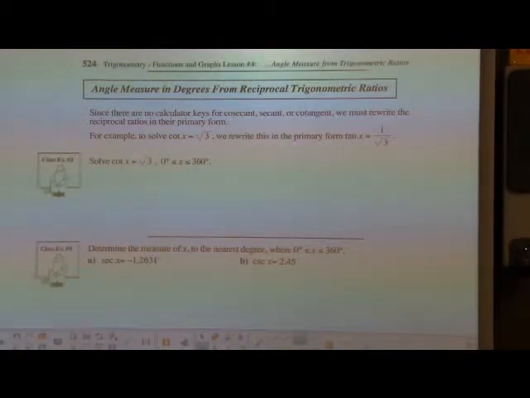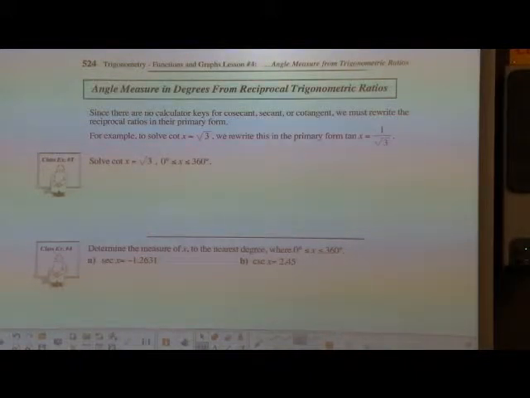So what happens if we have reciprocal trig functions such as cosecant, cotangent, or secant? We do not have those keys on our calculator. We cannot calculate them, so we have to go back to the reciprocal, to the primaries.